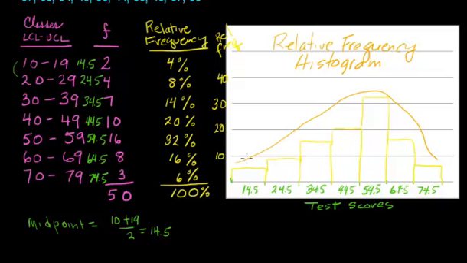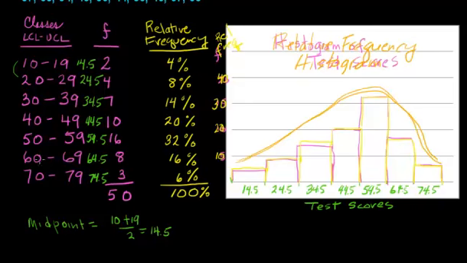The height of the bars give us the relative frequency. And in fact, the shape that we get from the relative frequency histogram is the same as the shape we get from the frequency histogram. See if we can put those on top of each other, and, I've freehanded this, but they're approximately the same.